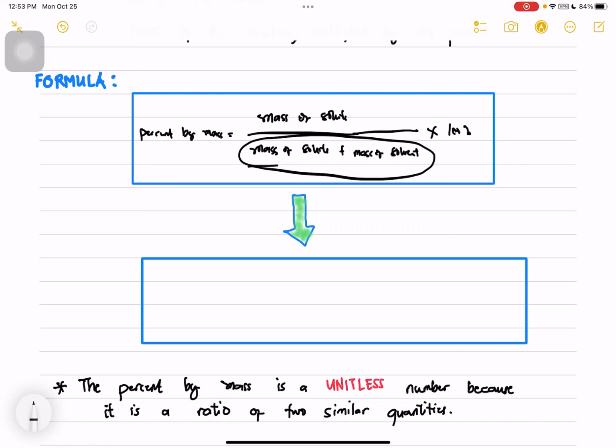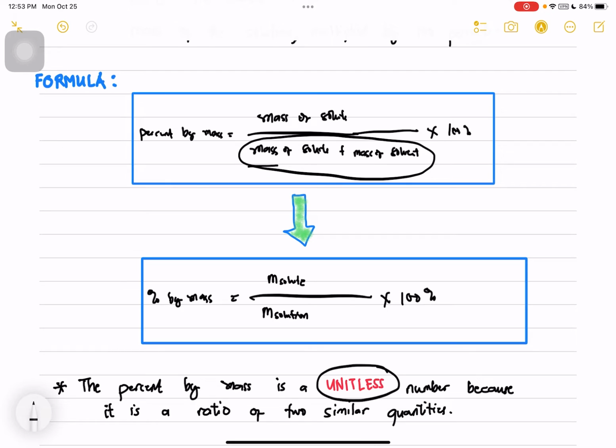Now, let's rewrite this formula, and this will become percent by mass is equal to the mass of solute, or the M solute, divided by M solution, or the mass of the whole solution, times 100%. So this is now our final formula that we're going to use in different computations. The percent by mass is unitless. Why? Because it's just the ratio of two similar quantities, which is mass.